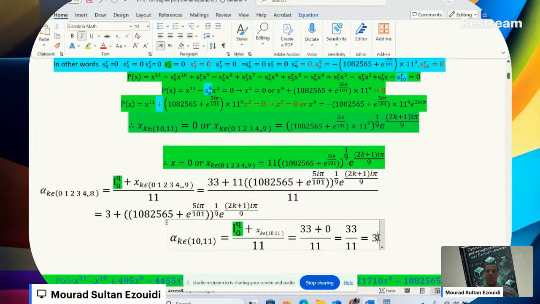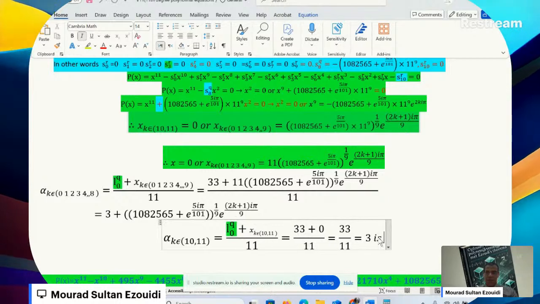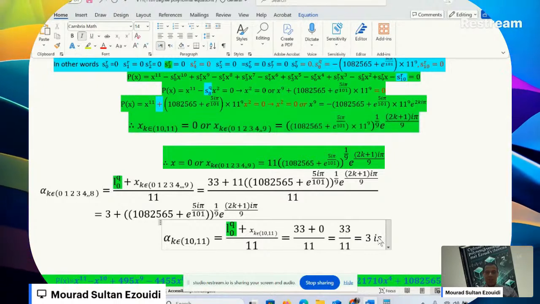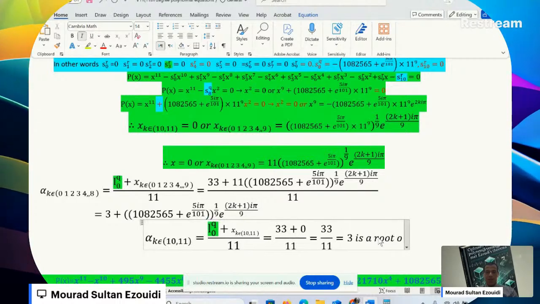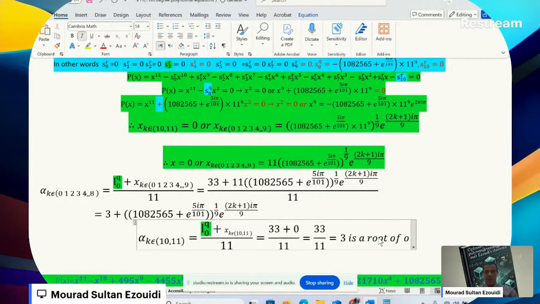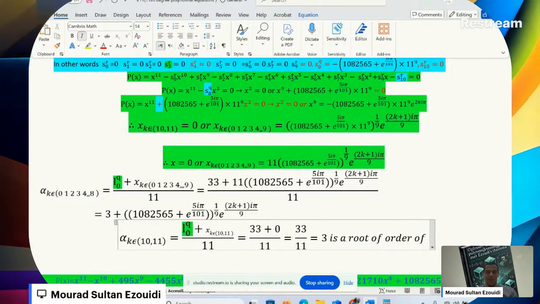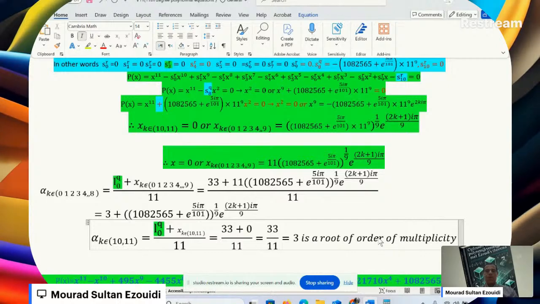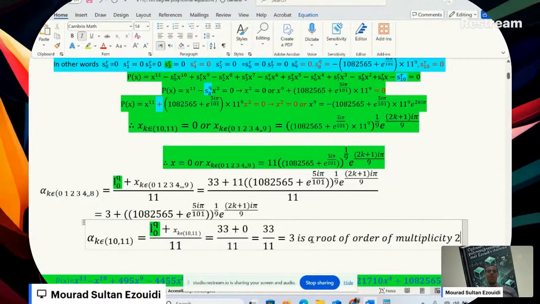You can say that it is a root of order of multiplicity two. Or we can say where 2 is its order of multiplicity.